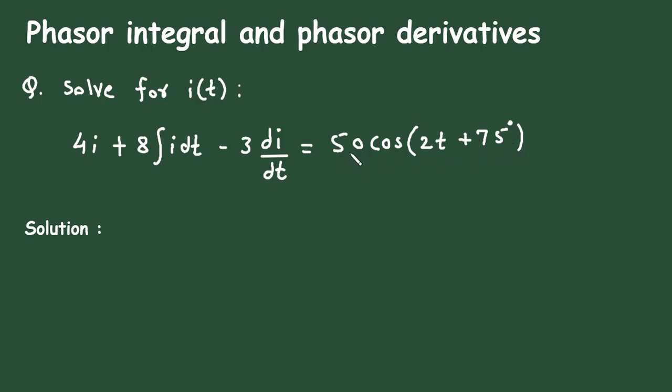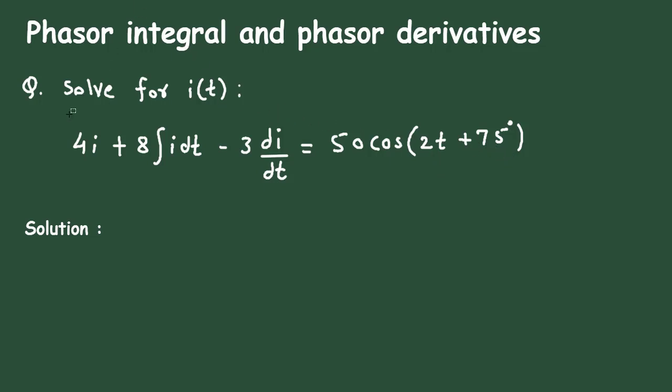So here this 50 is the magnitude of voltage or maximum amplitude or maximum voltage. This 2 is the angular frequency, that is omega, and this 75 is the phase angle.